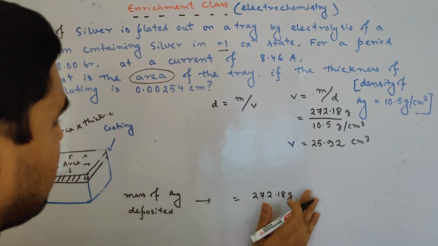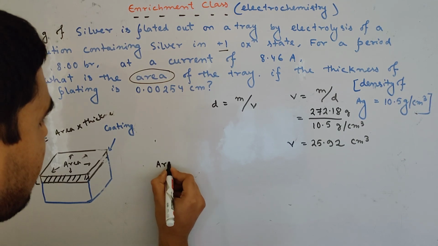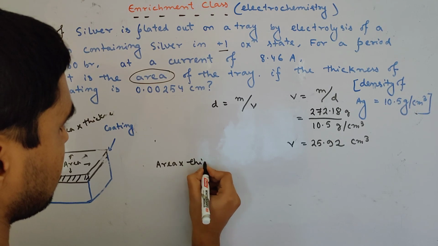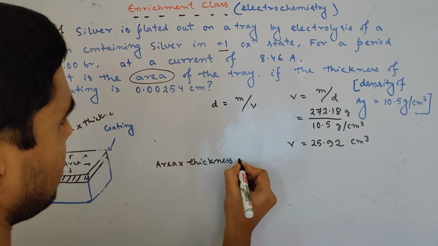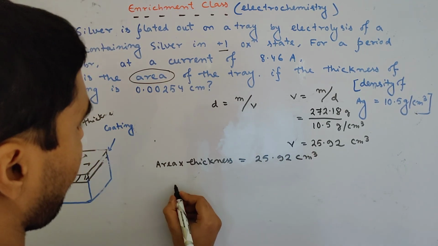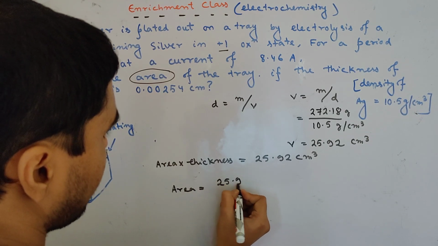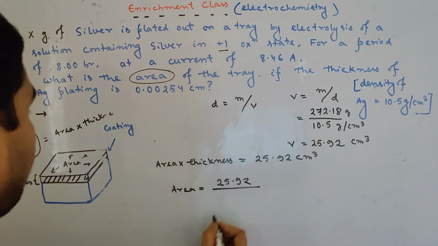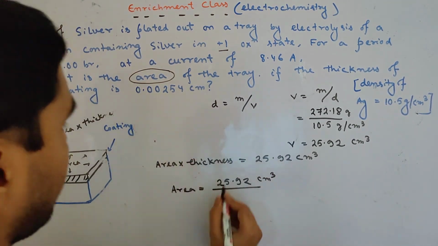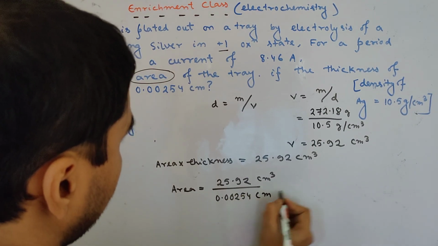And remember, the volume means area into thickness is equal to 25.92 centimeter cube. So area should be 25.92 centimeter cube divided by the thickness, which is given as 0.00254 centimeter.